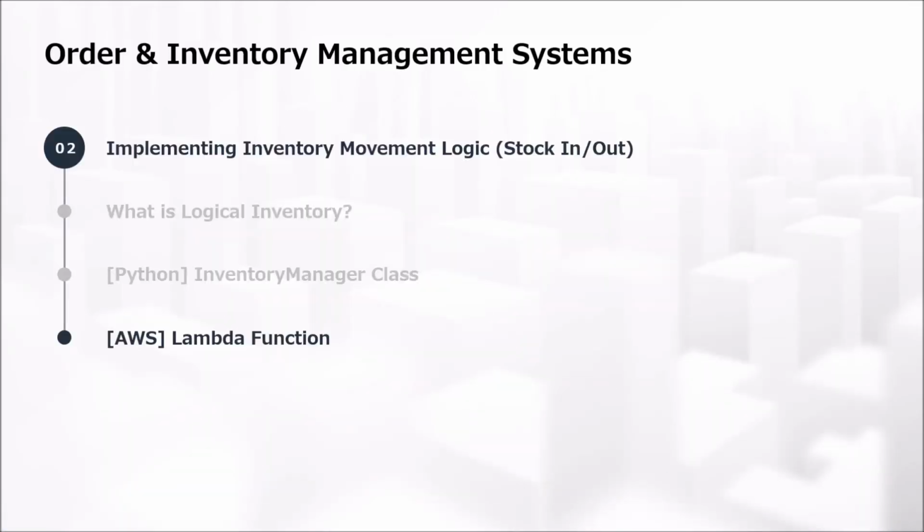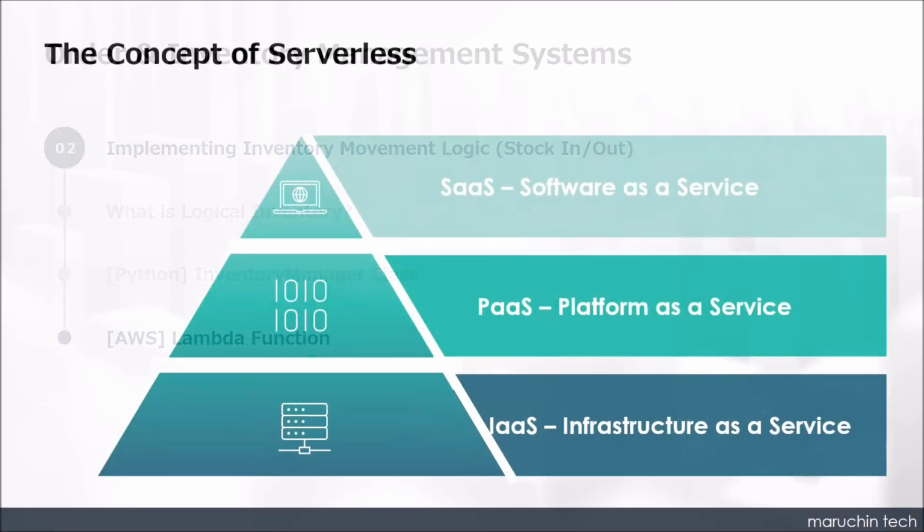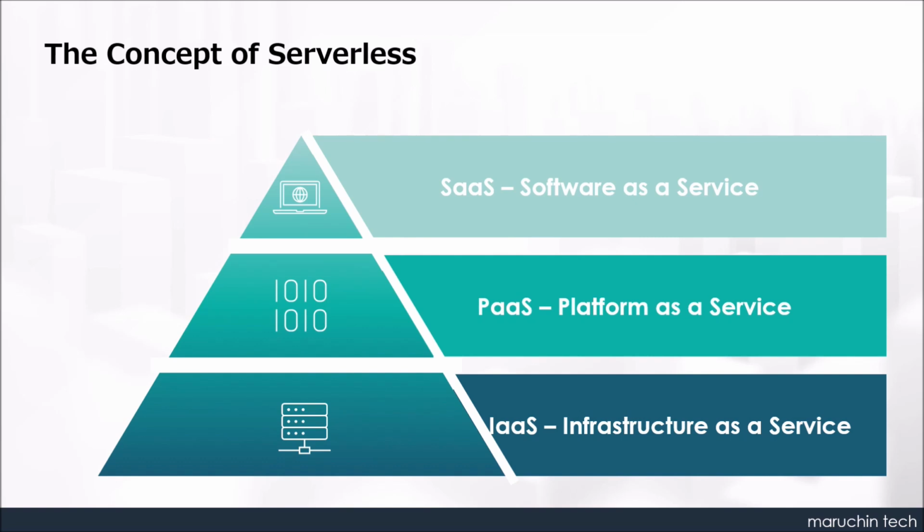Next, we will deploy the Python code explained earlier to an AWS Lambda function. Before introducing Lambda, let me explain the concept of serverless within cloud computing. First, as a standard classification of cloud services, we have SaaS, PaaS, and IaaS, categorized by the layer of service provided.